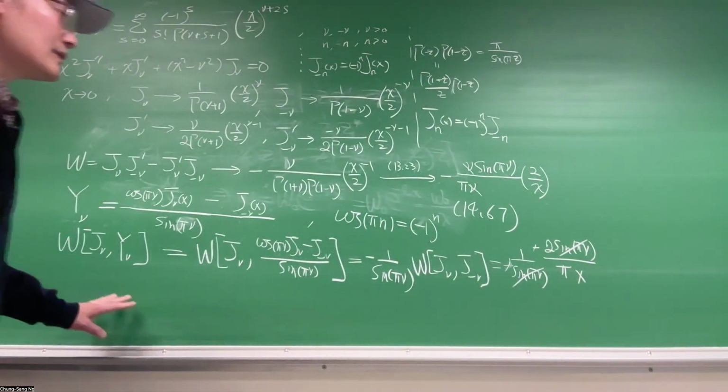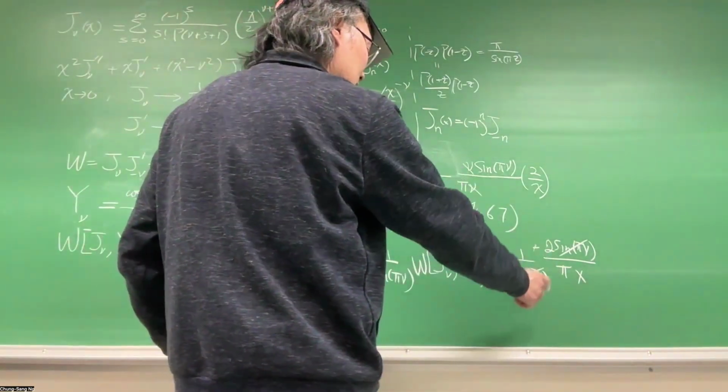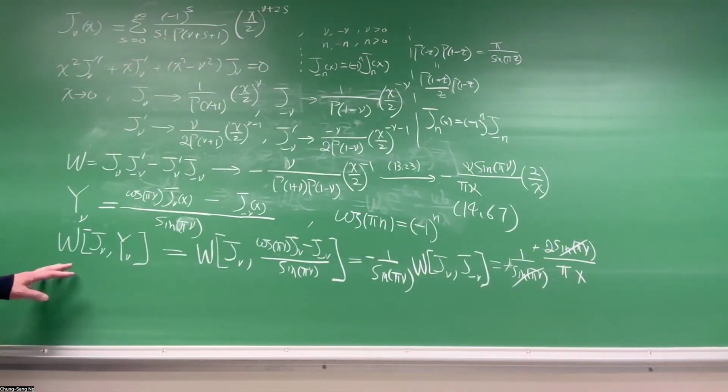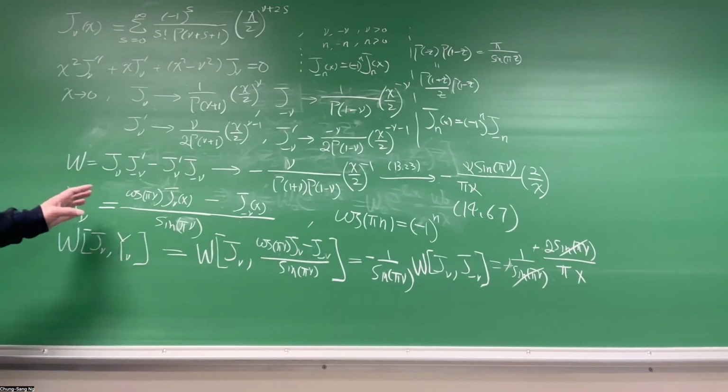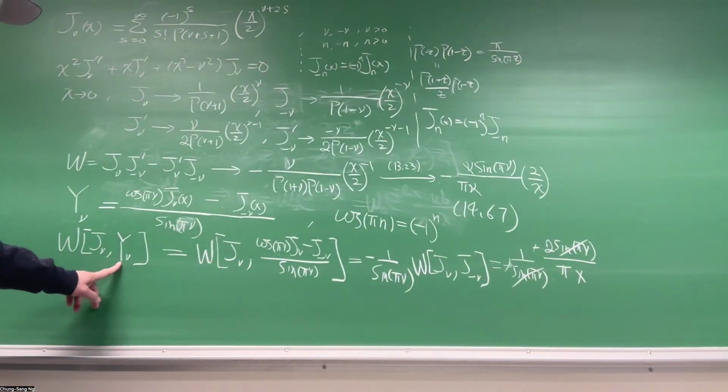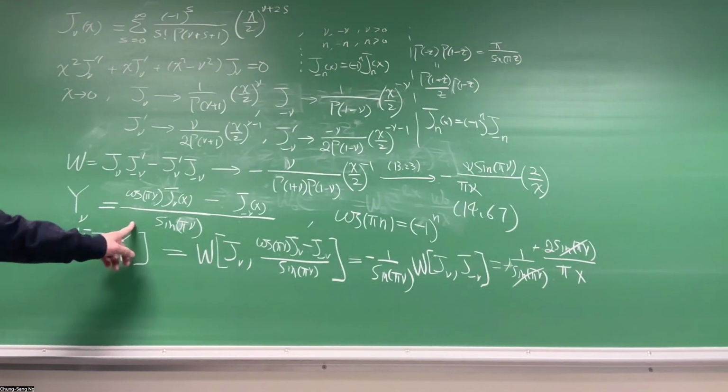And now you see that this is regular, right? This is always regular because 2 over pi x is proportional to 1 over x, we discussed that. The coefficient will not go to 0, so J nu and Y nu are linearly independent. We define it this way.